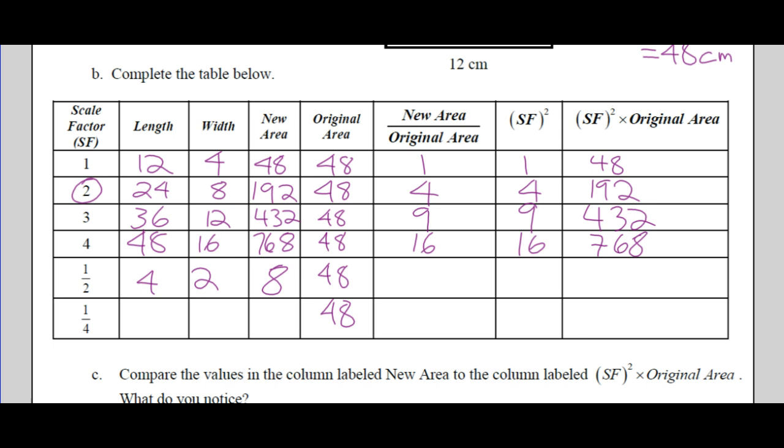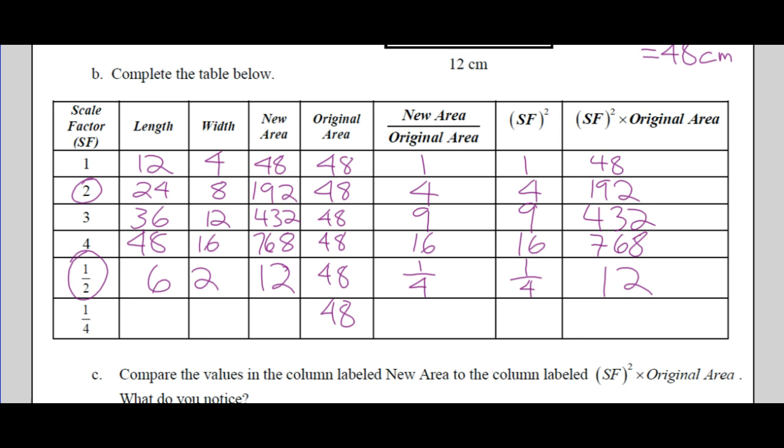New area divided by the original area: 12 divided by 48 is 1/4. What's the square of 1/2? 1/4. What's a quarter of 48? 12.